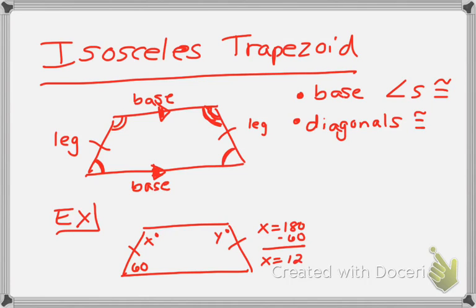So x is equal to 120, because we know that those have to be supplementary to each other. And x and y are base angles to the top base, and since it's isosceles, those base angles would be congruent, so that would make y also be 120 degrees.